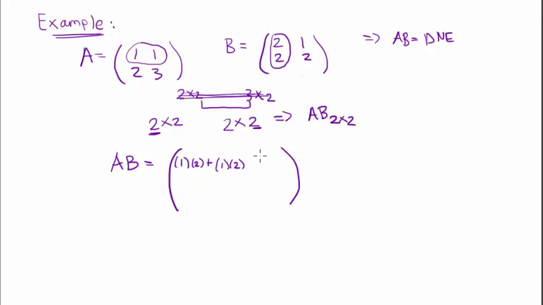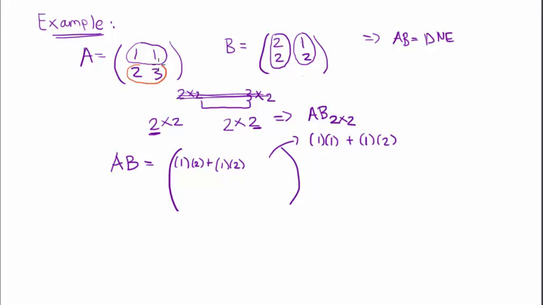And then, for the second element, you do the same thing. You take the first row of the A matrix, and do the dot product of it with the second column of the second matrix, which is the B matrix. So again, it'll be 1 times 1, I'm just going to put it over here so I don't run out of room, so 1 times 1 plus 1 over here times 2.